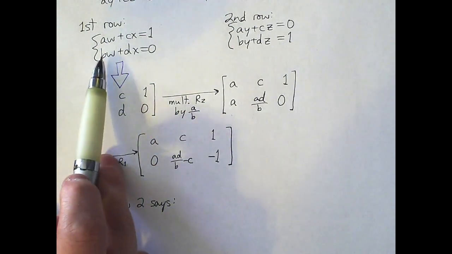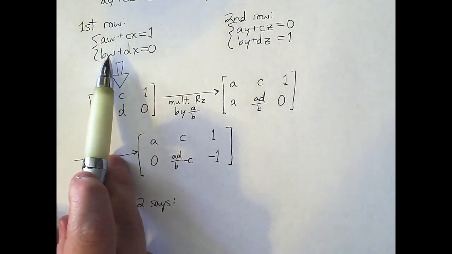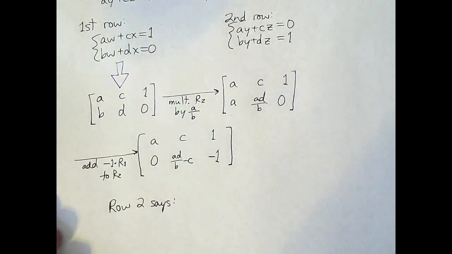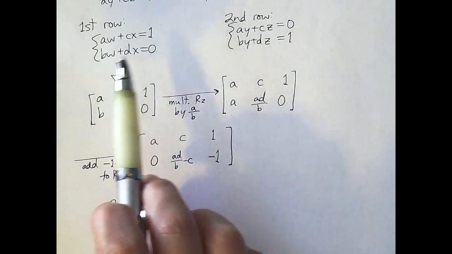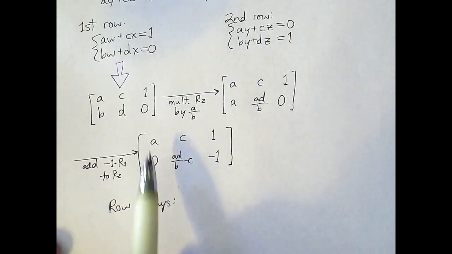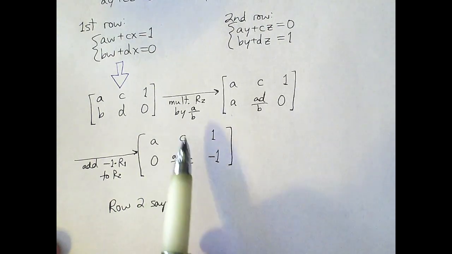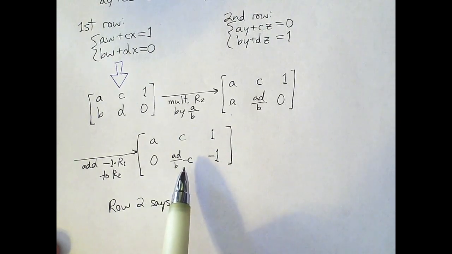Remember how each of these equations has the unknowns w and x. So I know that in the previous lessons, when we were solving systems, usually the unknowns were called x, y, and z. This time the unknowns are called w and x. So the first column kind of represents w's, and the second column kind of represents x's.